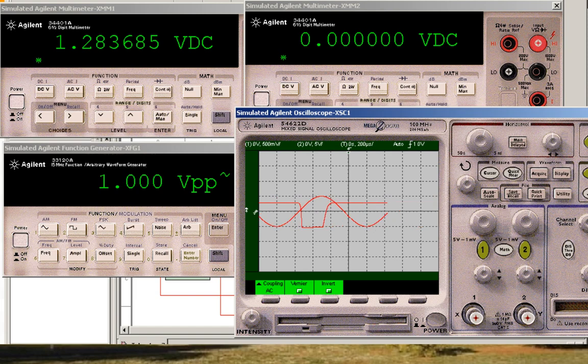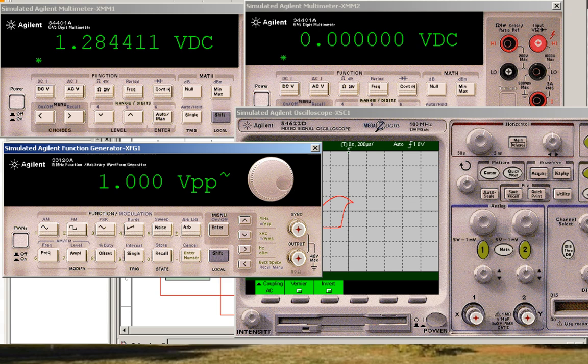Let's change the frequency and see what happens here. That's the low pass, lower frequencies. Let's go above 1 kilohertz here.